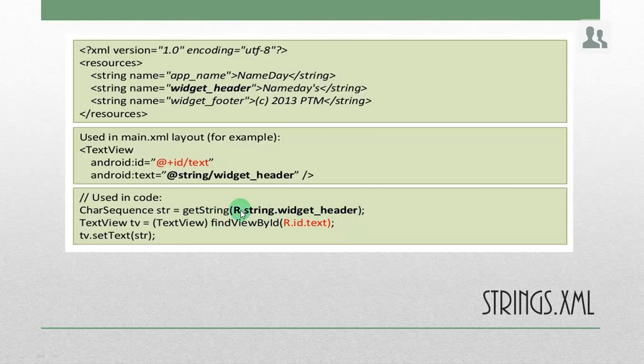As we have already talked about, all the resources are stored in the R class, that is R.string. So it will look for this particular thing inside the string.xml file, and identify it with the help of the name of that particular string. So this is how you can address those particular strings that you have stored in the string.xml file. So this is about the string.xml file.